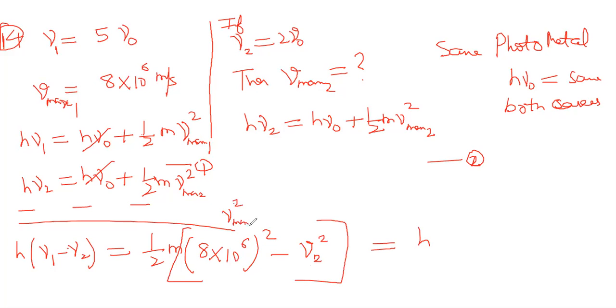I know the value of Vmax 1, so I just substitute it here. Understood now?